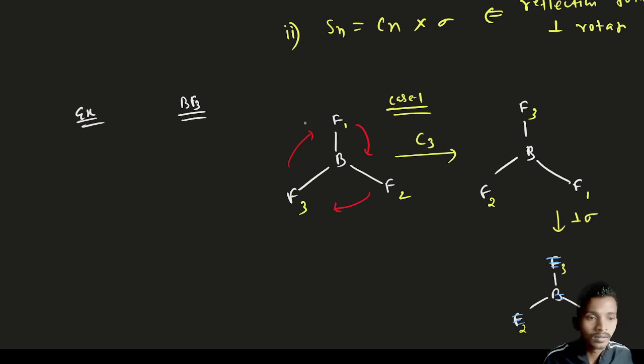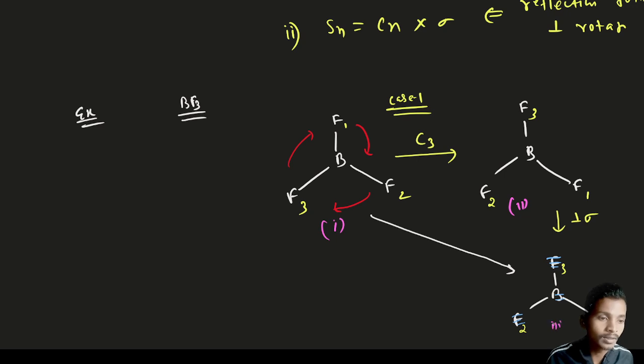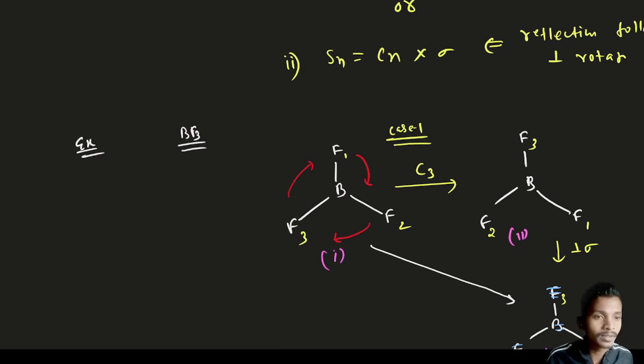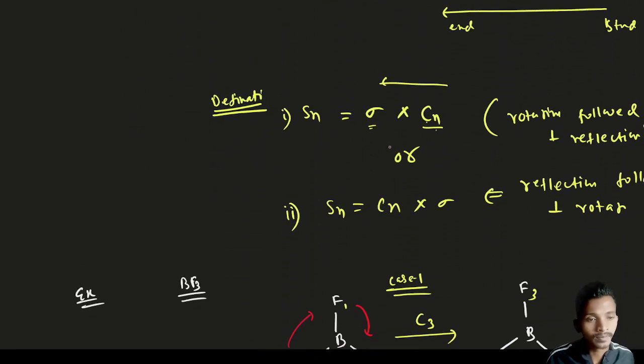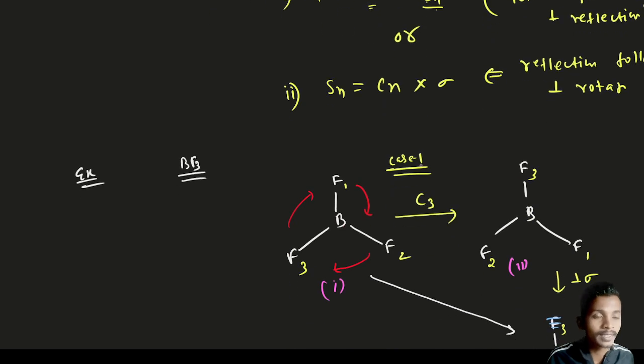So now let's say this is 1, this is 2, and this is 3. From here to here, that is equivalent orientations. According to the definition, if you do the rotations followed by reflections, and after that you get the equivalent orientations of the molecule, then an SN axis is present.